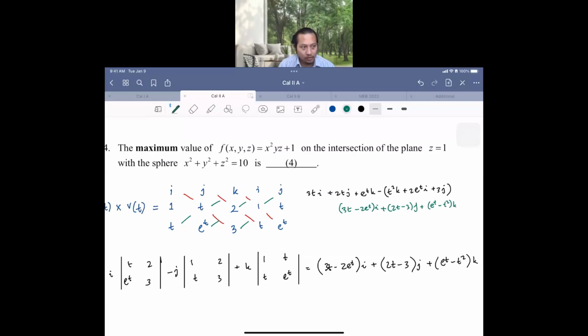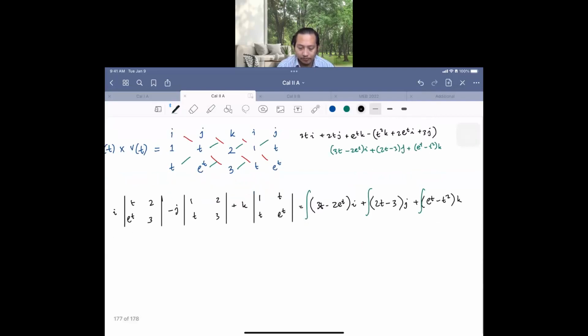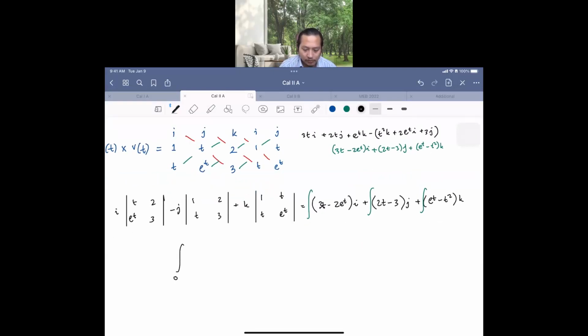Okay. And then we can just integrate, right? Integrate all with respect to t. For the integrations from 0 to 1, the integral of r cross v is to integrate this. Or maybe let me write one by one, from 0 to 1, 3t.